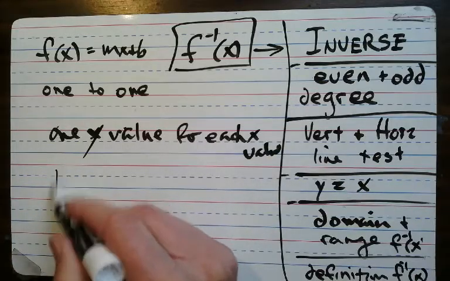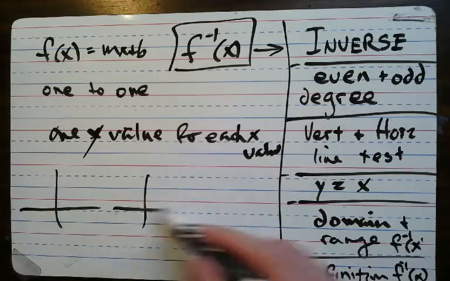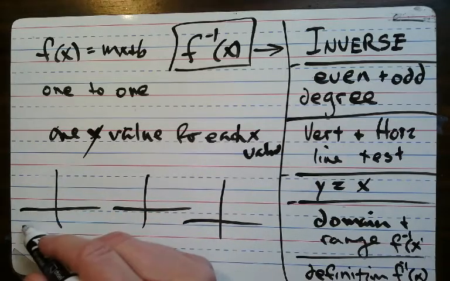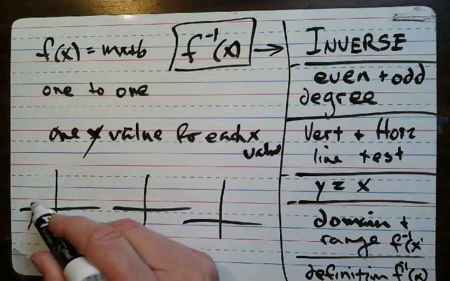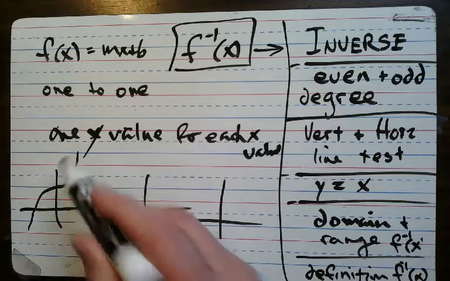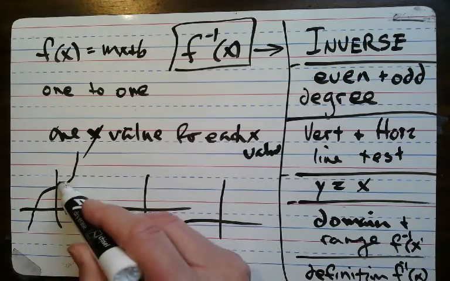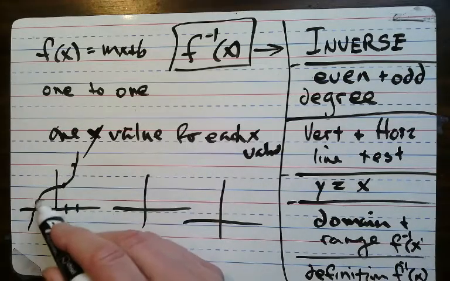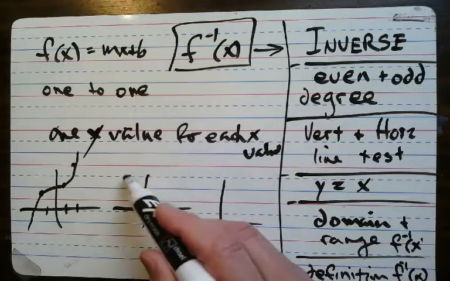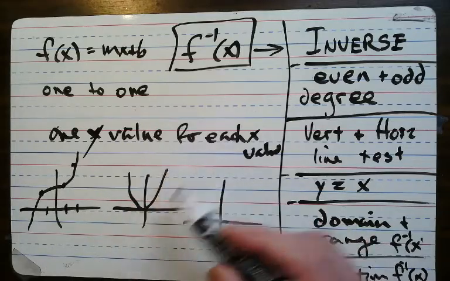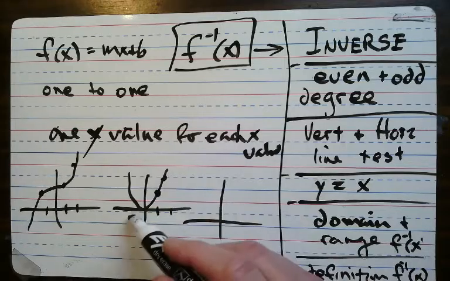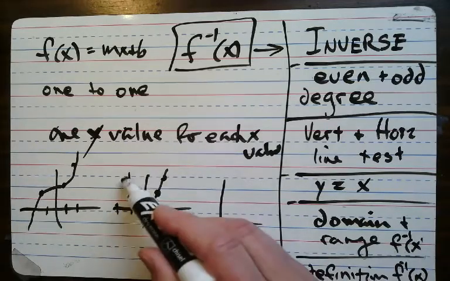So let's draw a couple of pictures here. Something like this is a function because every x value has one y value. This x value has one y value. This x value has one y value. Even like this is a function because this x value has one y value, and this one has one, and this one has one, and this one has one.